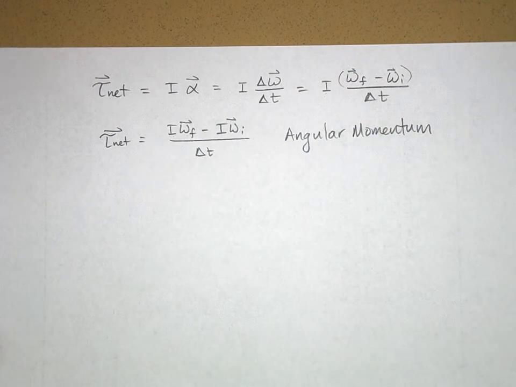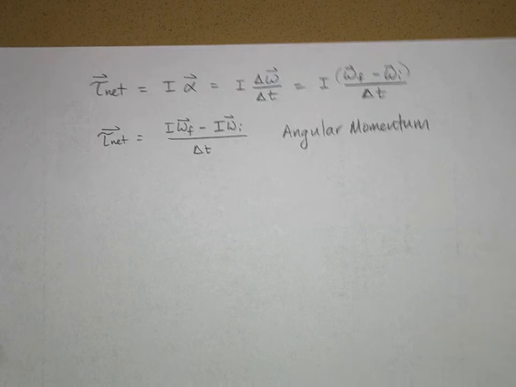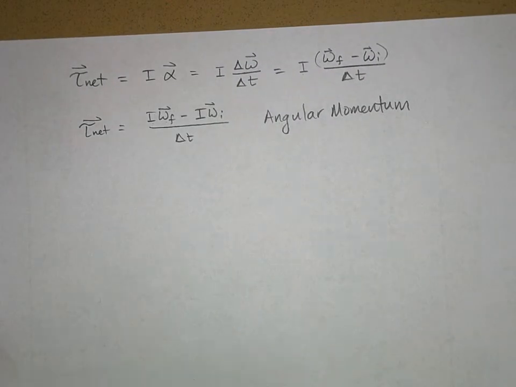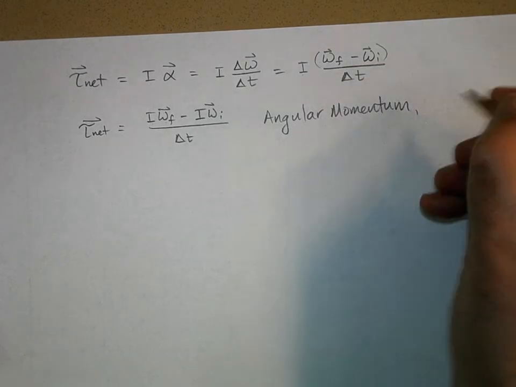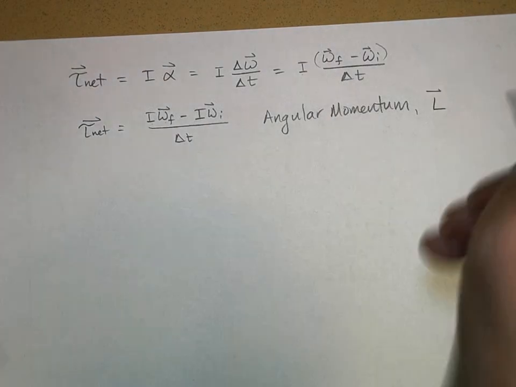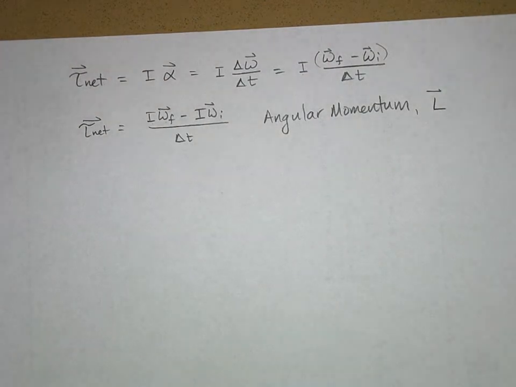Now, angular momentum, for reasons of tradition and convention that some people thought of decades or maybe a century or two ago, we use a capital L to represent angular momentum. I don't know why. When you see a capital L, that's what we use to represent angular momentum.